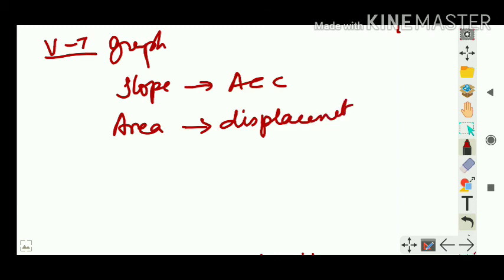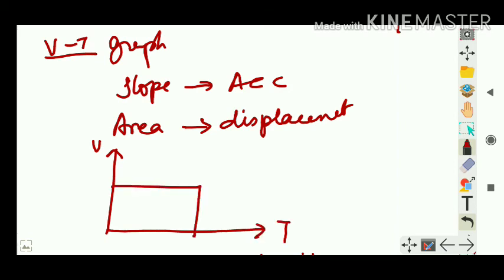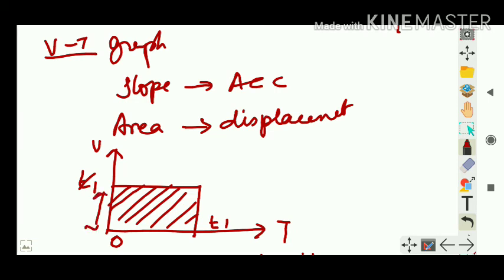If you don't understand, see, this is velocity, this is time, and I plotted a graph like this, right? So this is velocity v1, this time period is t1, this is origin. So what is the area? This is a rectangle, so what is L into B? The area will be equal to, as per the diagram, V1 into T1.